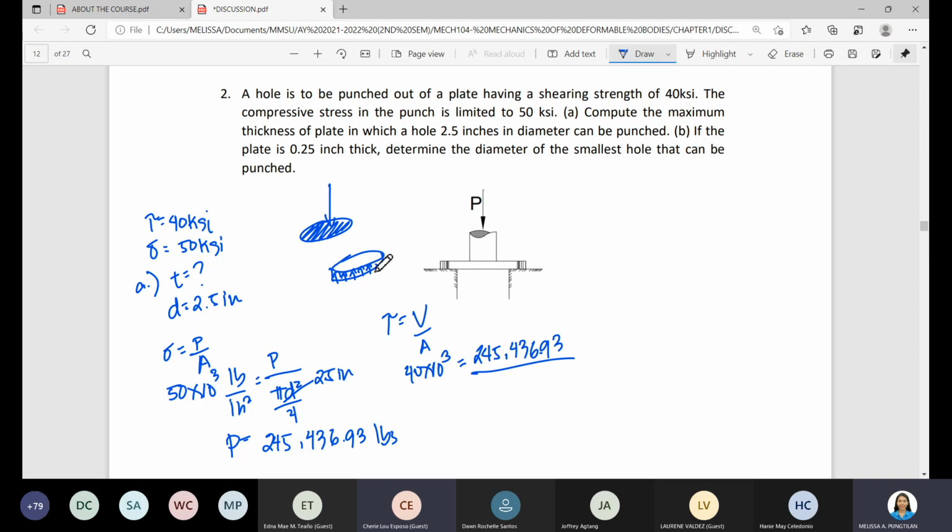Okay. So, we have pi dt, on which meron na tayong diameter which is equal to 2.5 inches. So, our T or the thickness is equal to 0.78 inches. So, this is our answer for letter A.